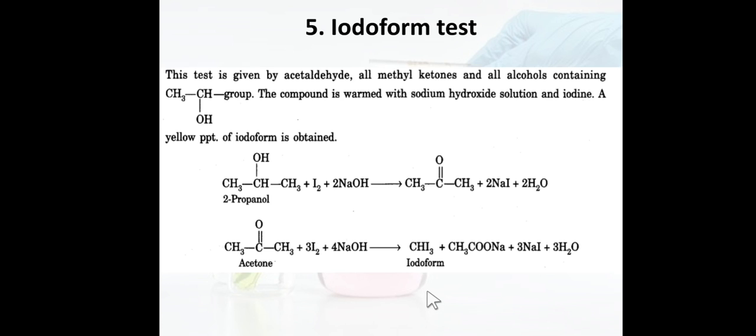This is the iodoform test, and it is a confirmation of the presence of either acetaldehyde, methyl ketones or alcohols in the natural product. The yellow precipitate of iodoform is the confirmatory test for the presence of these functional groups. So friends, these all 5 tests are used for the detection of alcoholic functional group in the natural product.